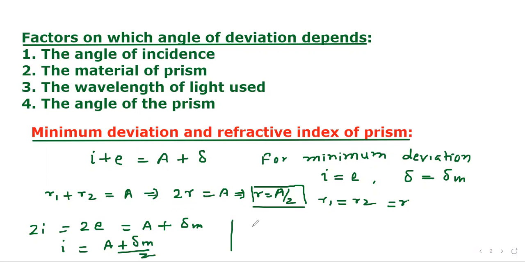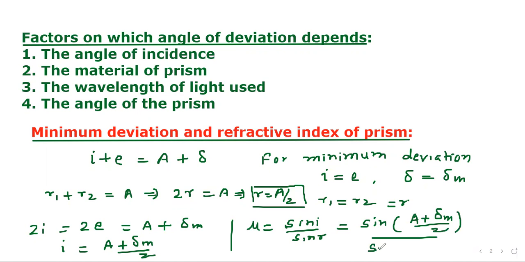Now, refractive index mu is given by sine I divided by sine R. So sine of A plus delta M divided by 2, divided by sine R, and R is A by 2. So this is a relation for finding the refractive index of the prism.